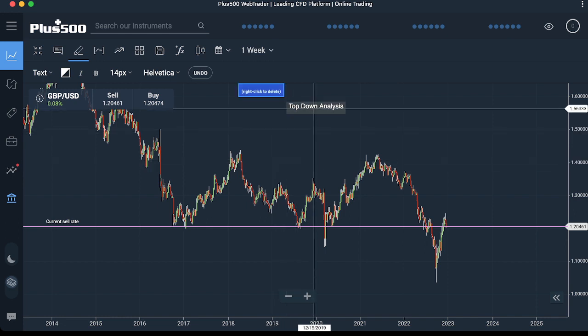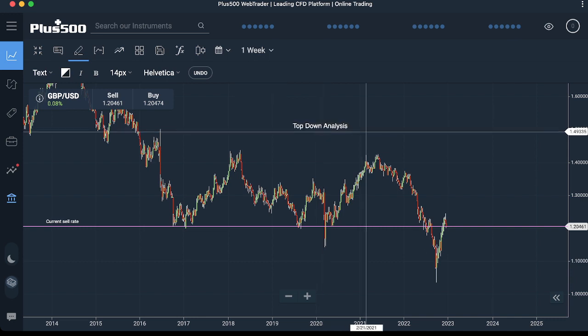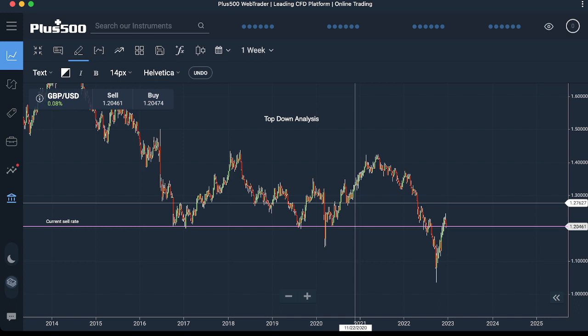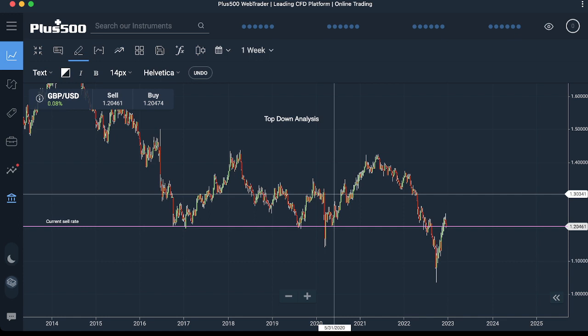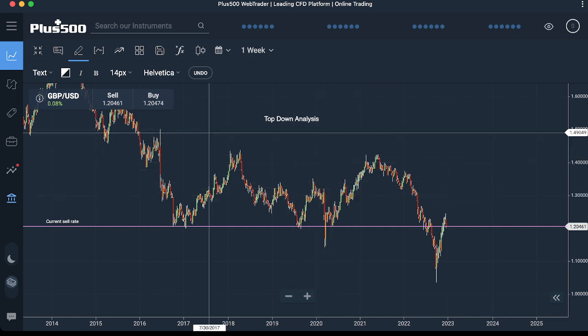It is about top-down analysis, and here the higher time frame is the weekly chart. You can have the monthly chart as your first higher time frame, but what I'm considering in my strategy is going to be the weekly and daily.